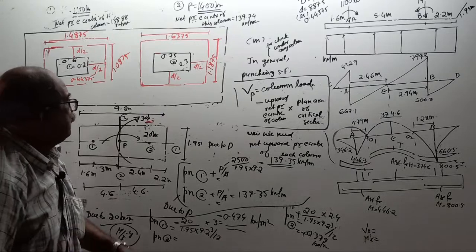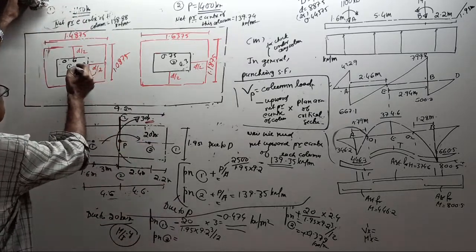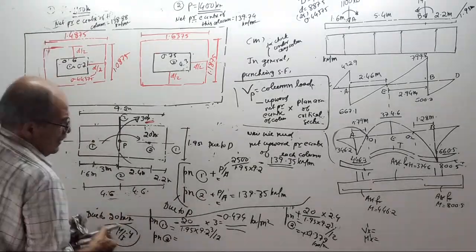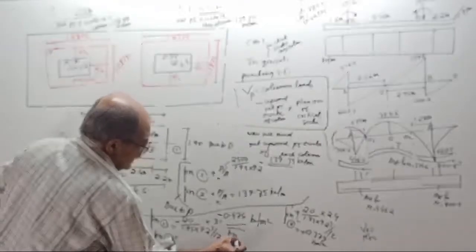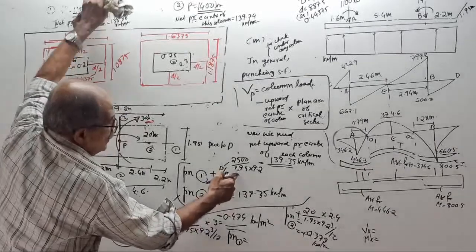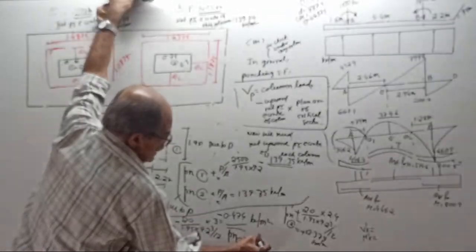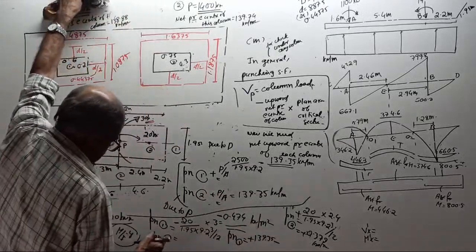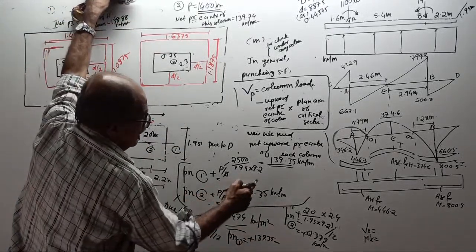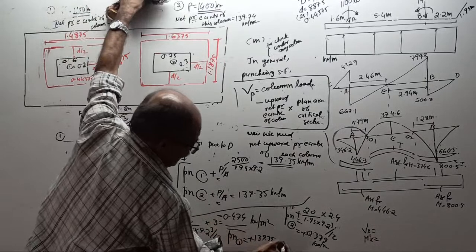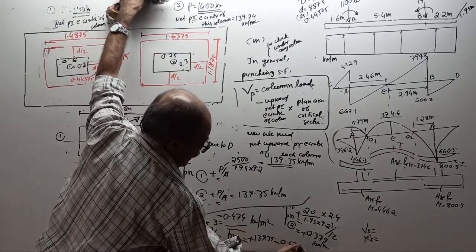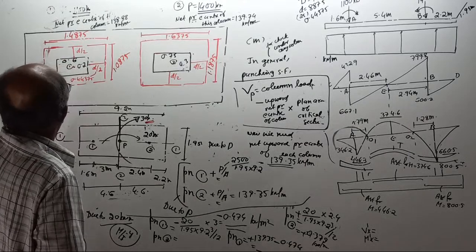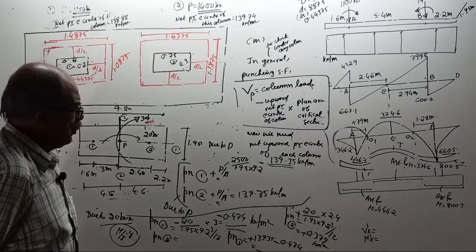Therefore, finally, net pressure under column 1 equals plus 139.35 minus 0.474. Tell the answer. Plus 139.35 minus 0.474.